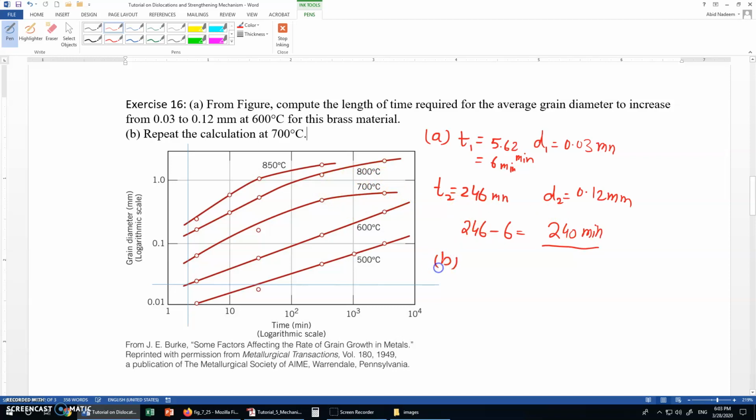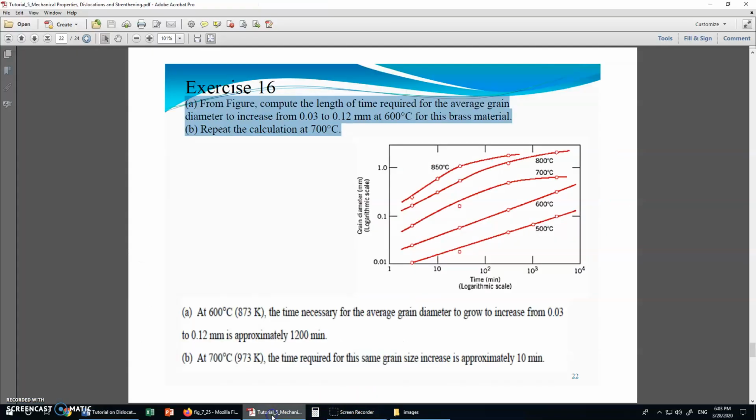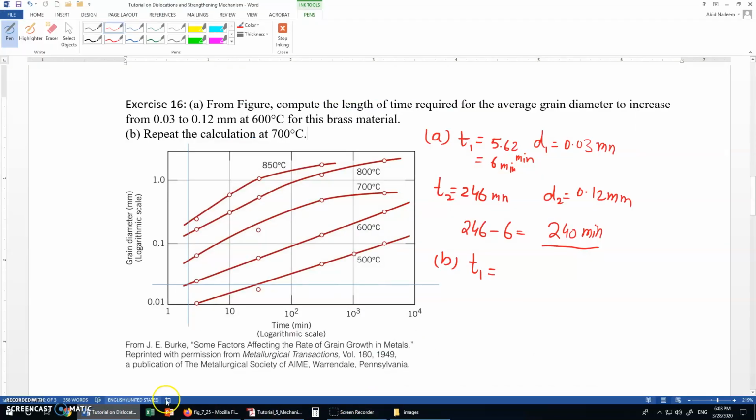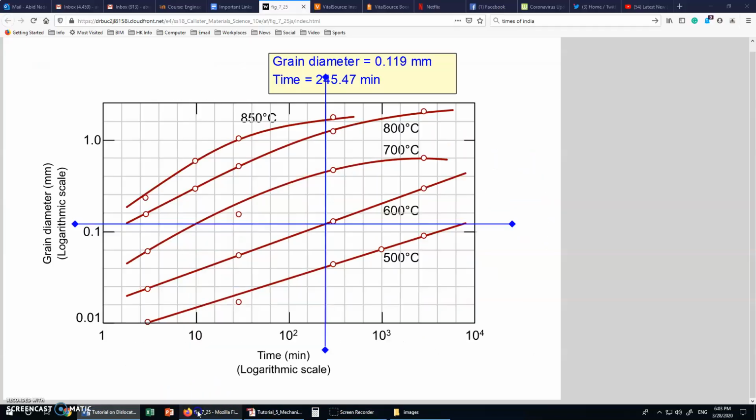And part B, repeat the calculation at 700 degrees centigrade. So the same values for 700 degrees centigrade. What will be time t1? Time t1 will be for diameter 0.03 millimeter.